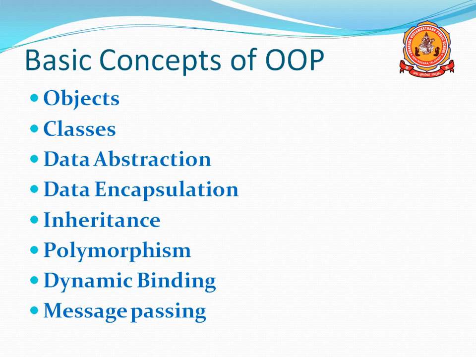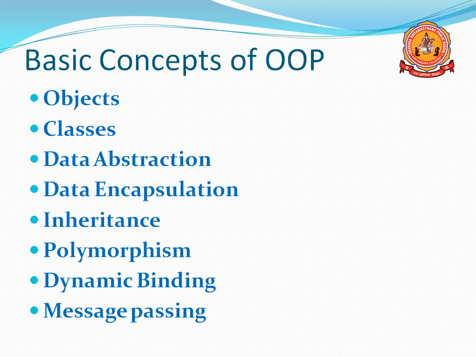In the last chapter, we studied the basic concepts of OOP, object oriented programming language. In that, we studied classes, objects, data abstraction, data encapsulation, inheritance, polymorphism, dynamic binding and message passing.